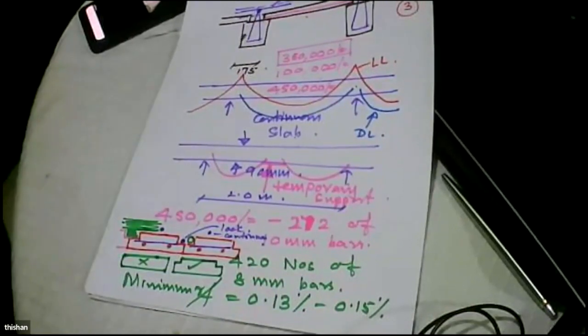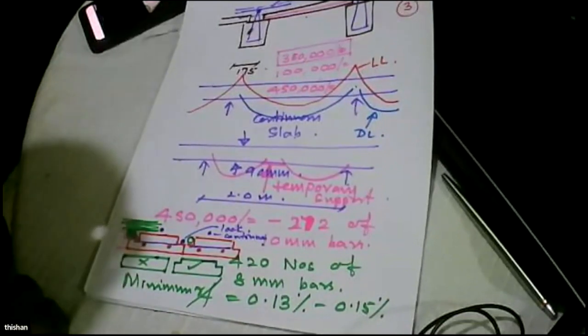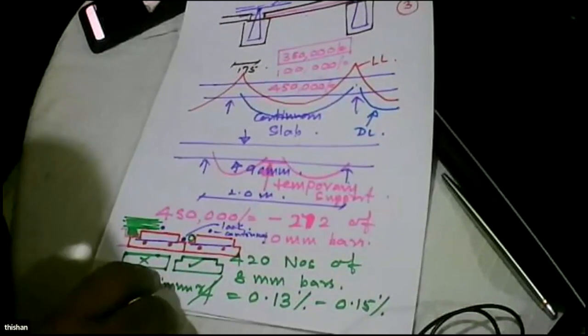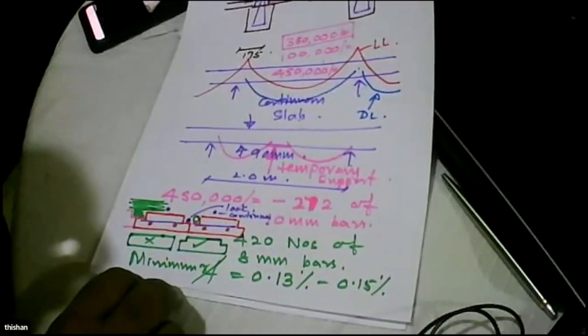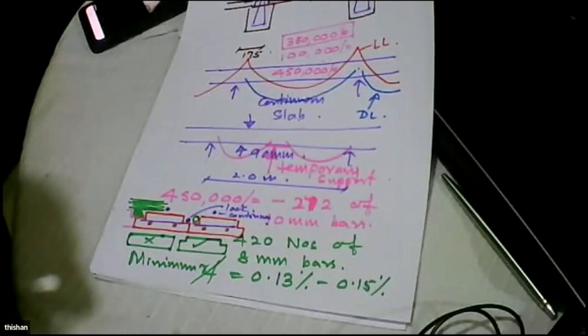So you can see, although it looks simple, a lot of thought process has gone into it. We are looking at every aspect of it. And we are very concerned about the very high cost of steel. We are extremely concerned about the very high cost of steel.